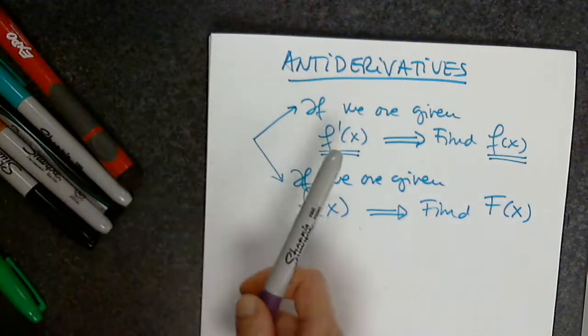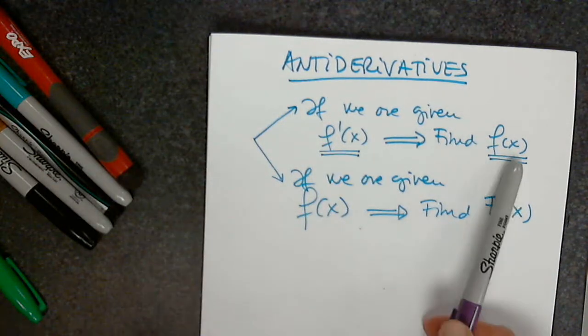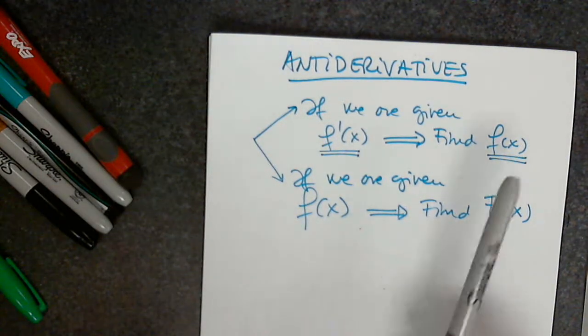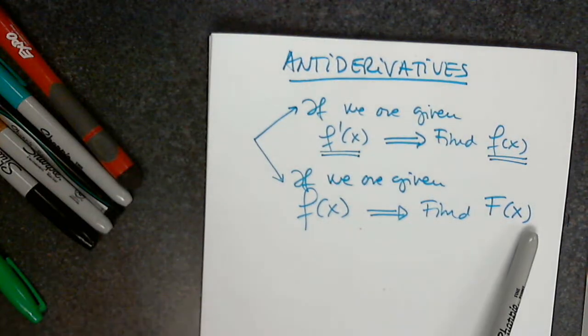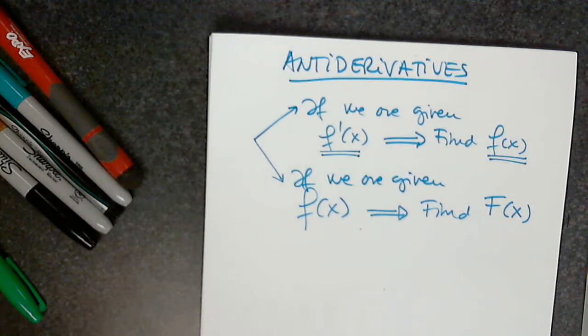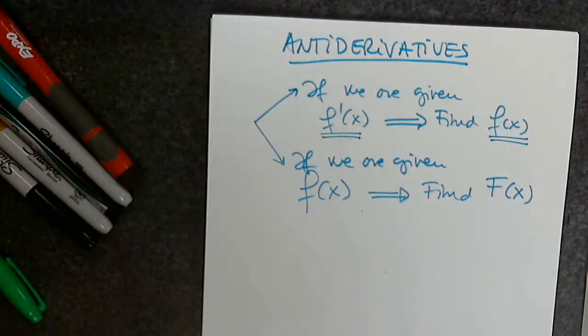So if we are given f prime, we will have to use the notation f of x. Even if we are told we are given a derivative, but if the derivative is denoted by f of x, we have to find the antiderivative and denoted by uppercase F. That's our first step.